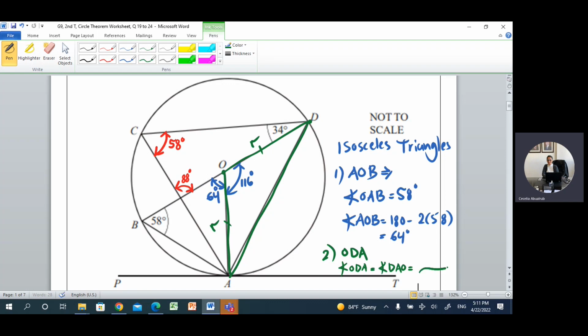Both are equal to 180, which is the sum of angles in a triangle, minus the unknown angle, divided by 2 in order to find the size of each angle. This will come down to 32 degrees. So this is 32 and this is 32 degrees.